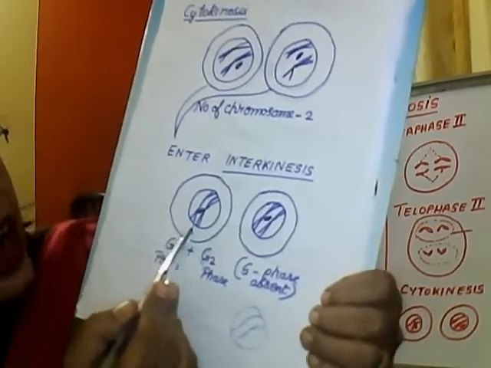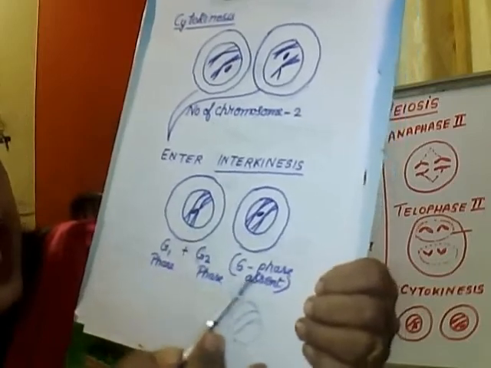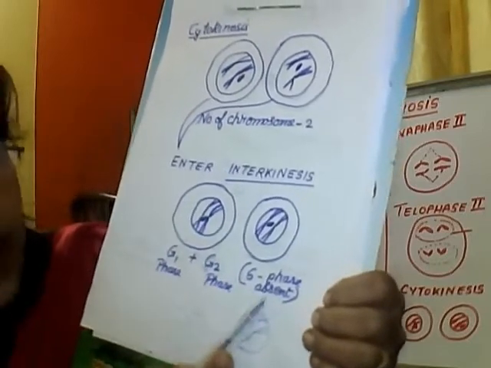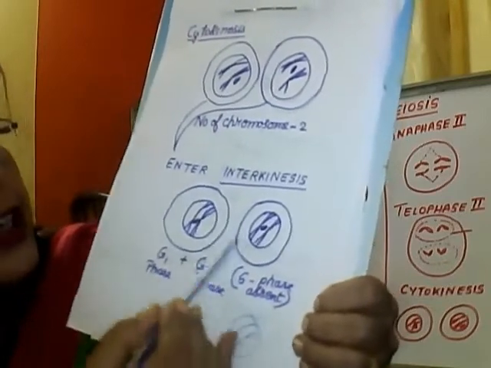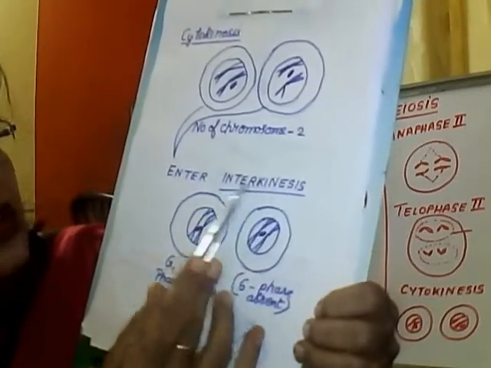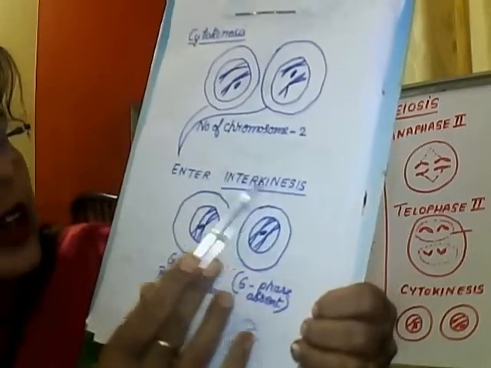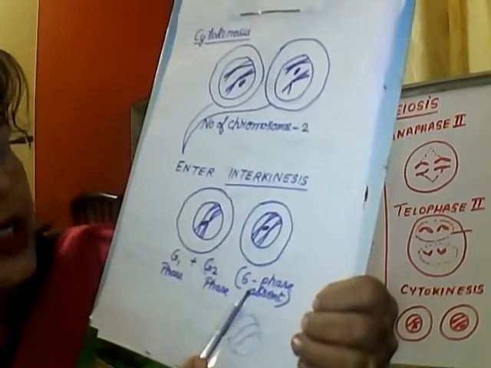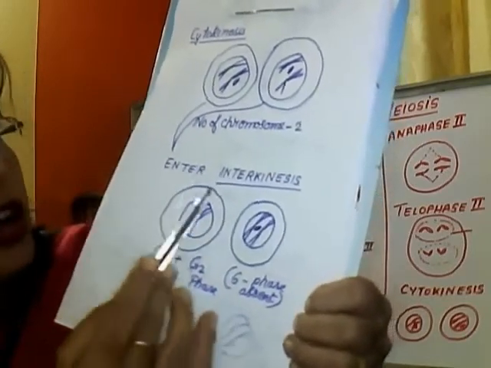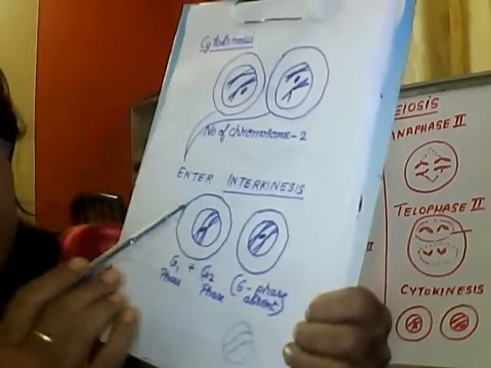So as they already have these 2 chromatins, that's why the S phase doesn't take place in them. And since the S phase is absent here, that non-dividing phase is known as interkinesis. So now I think it's clear why the S phase doesn't take place, and what is the difference between interkinesis and interphase.